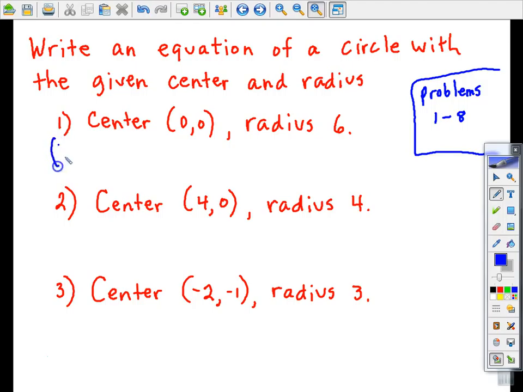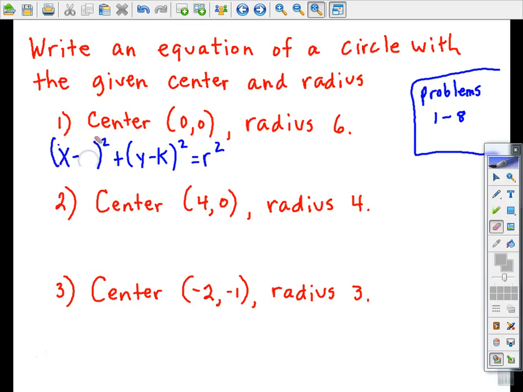Well, I just want to rehearse again your standard form circle equation. All right, so this number that plugs in for h in standard form should be the x-coordinate of the center.